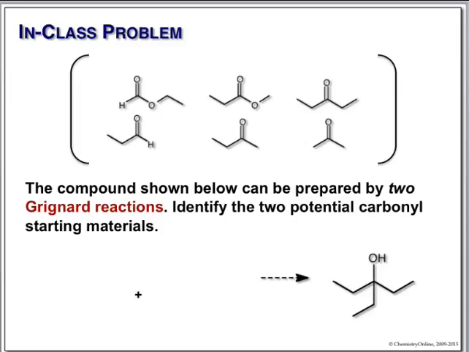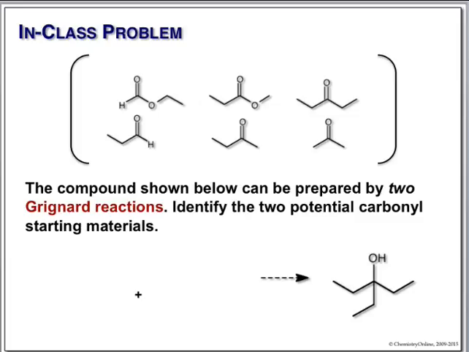We can make tertiary alcohols 2 ways with Grignards, remember. The first way is with a ketone. We just did that. The second way to make tertiary alcohols is with an ester. Okay, I got it. So what you want to do is think what happens to a carboxylate ester. A carboxylate ester adds 2 moles of Grignard, doesn't it?